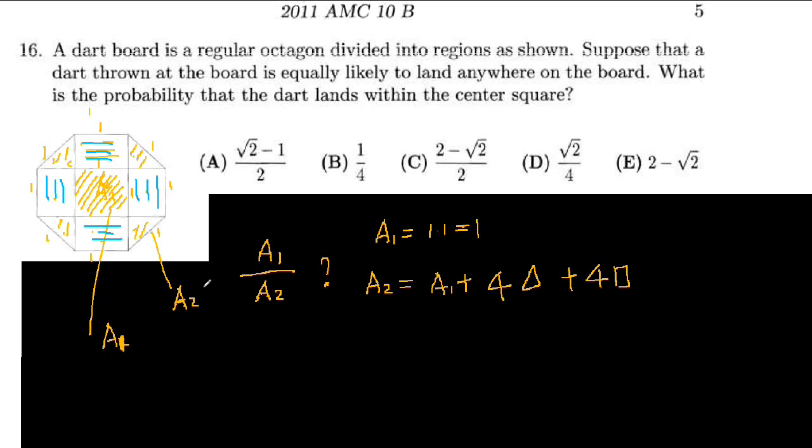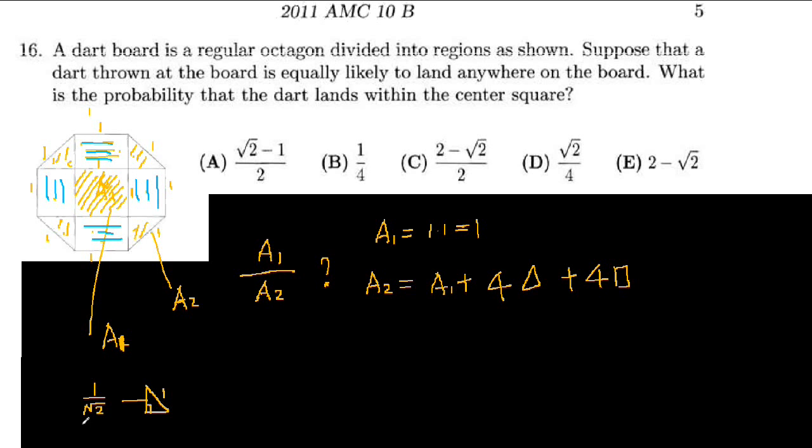Okay. Now, this is a regular octagon. So if this is 1, and in the triangle this is 1 and this is isosceles, this has to be 1 over square root 2, right?